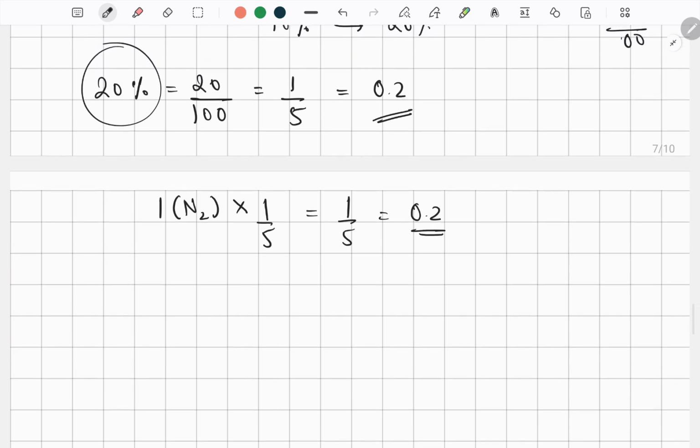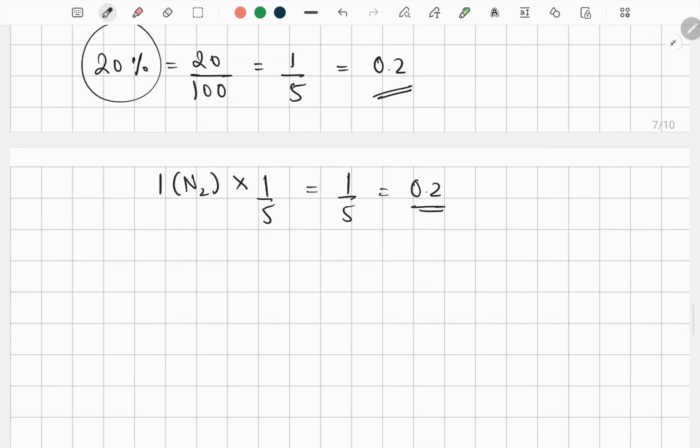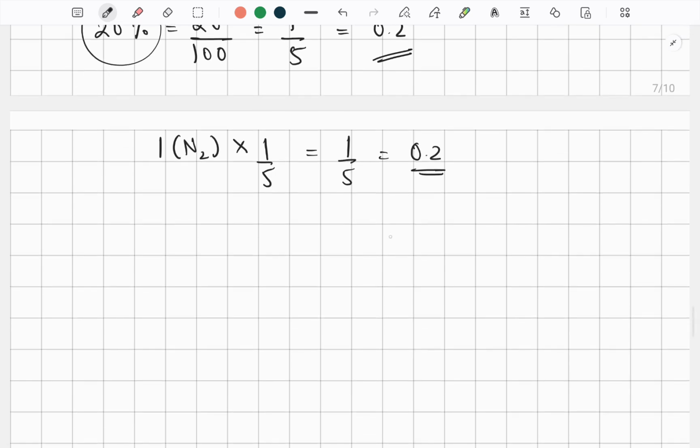Now let's try to understand. It is wrong to say 1/5 of the volume of N2 and H2. It sounds like N2 plus H2, but it is not, and it is also just a ratio based answer, because it doesn't matter how much volume you take, 1 is to 3 is to 2 is not going to change.